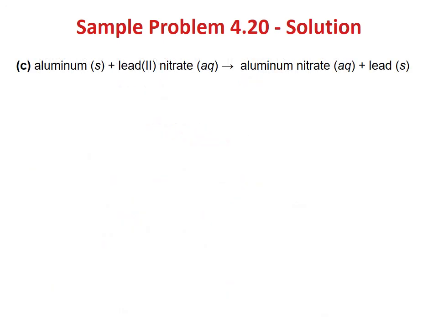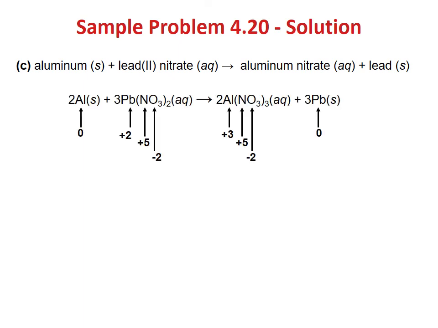In question C, aluminum reacts with lead nitrate to form aluminum nitrate and lead. So here is the balanced redox reaction: aluminum, lead nitrate, aluminum nitrate, and lead. So aluminum displaces lead to form aluminum nitrate plus lead.